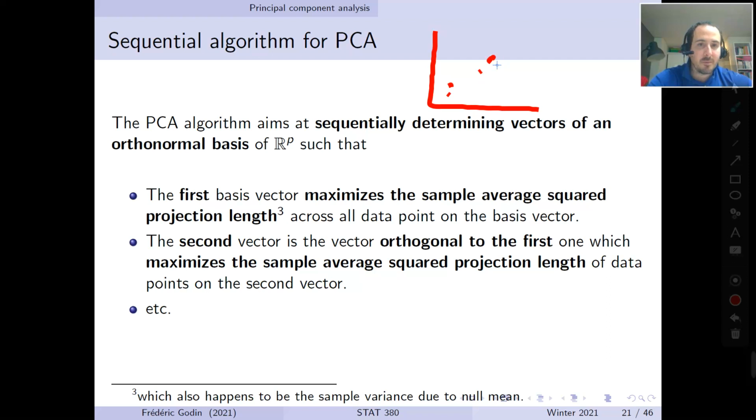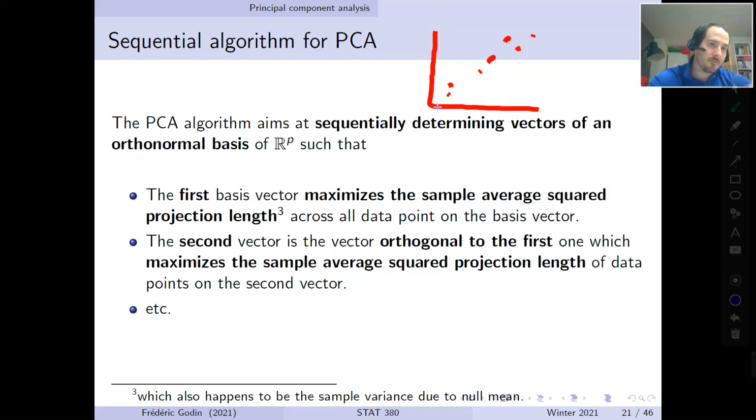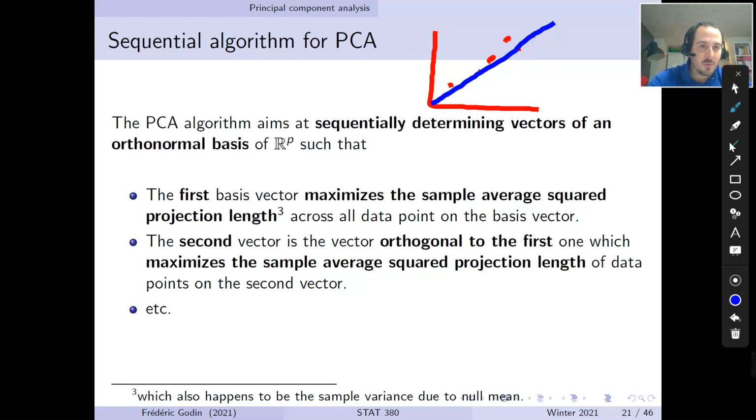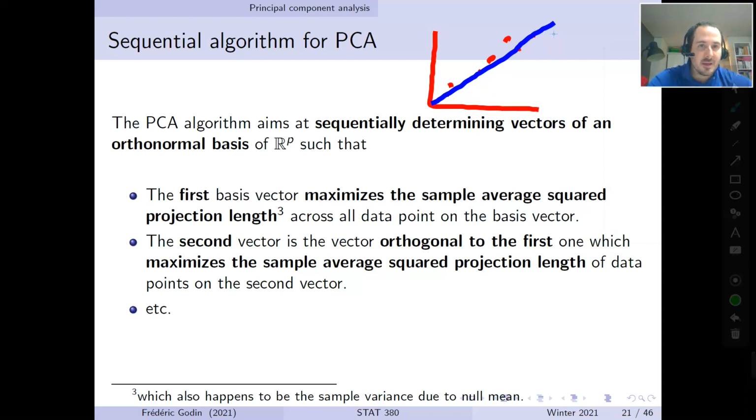So if we had data points that looked like this, what we wanted to do in the previous example is find a vector here which would act as the axis, and if this axis summarizes the data well, then you calculate your projection on that axis. So these points here, okay, these are the projections.